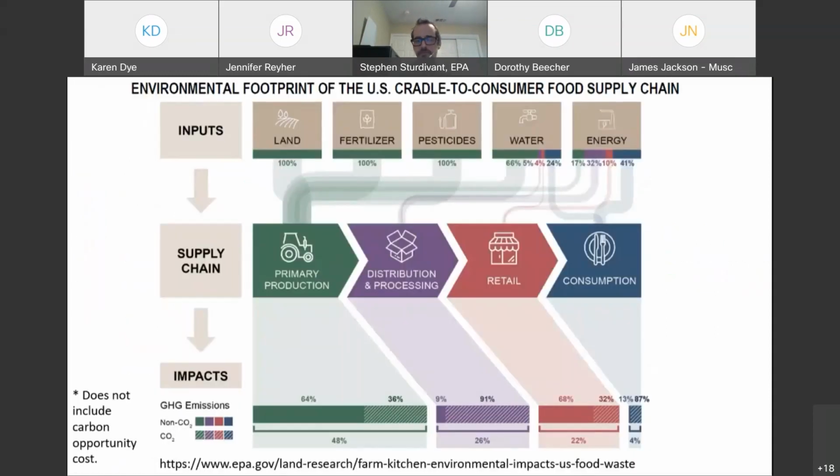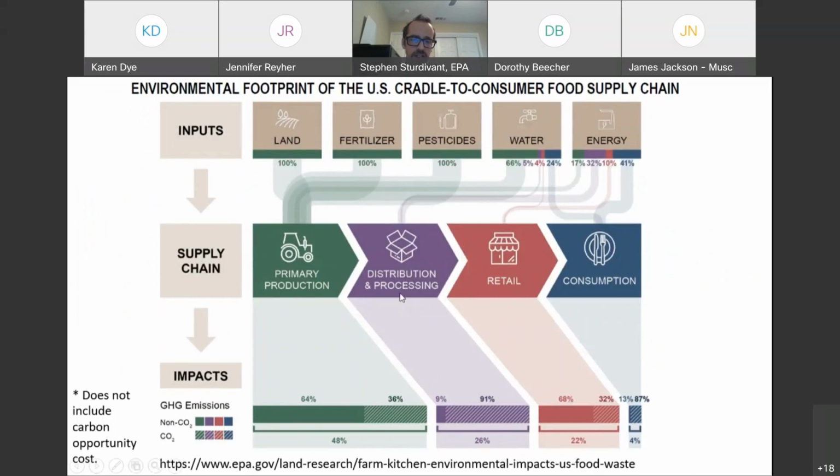And why is that? Well, if you look along the supply chain, you see you've got a lot of resources going in, and then you have impacts coming out like greenhouse gas emissions. So right here down at the bottom shows where the greenhouse gas emissions are occurring along the supply chain. And as you can see, a big chunk of it happens during the production, right?